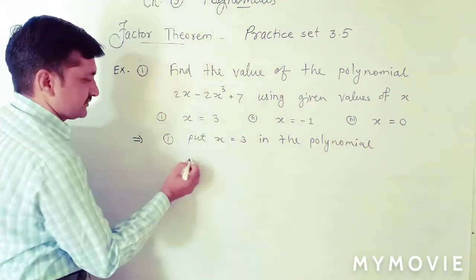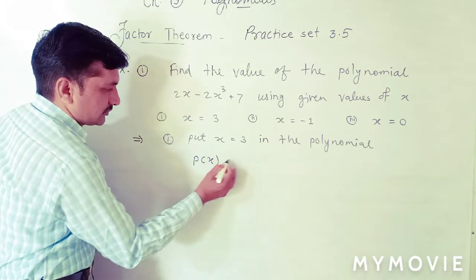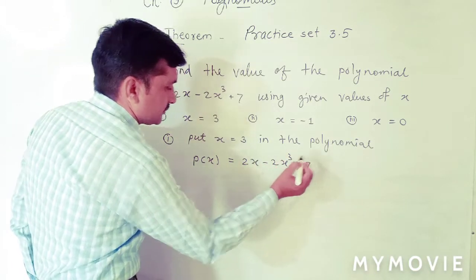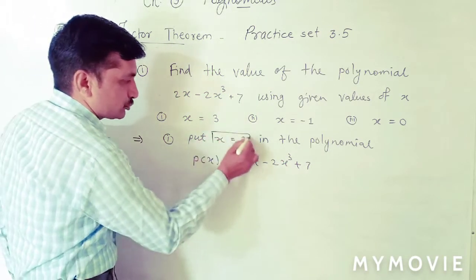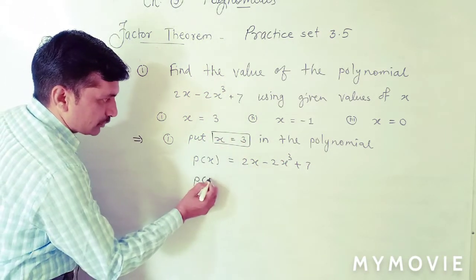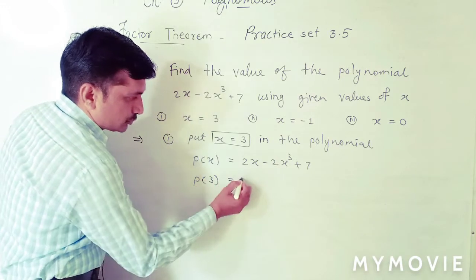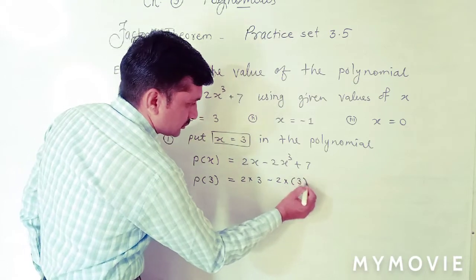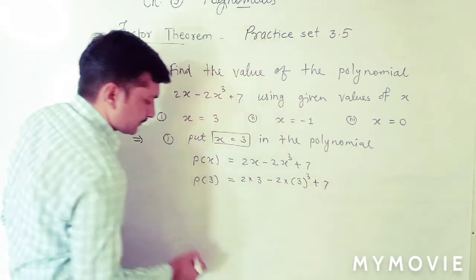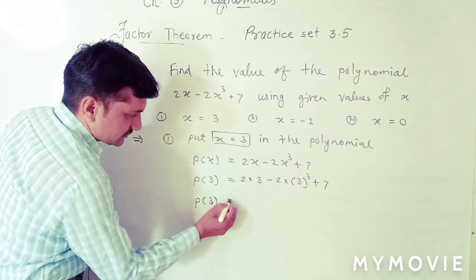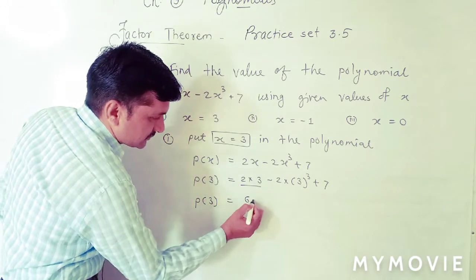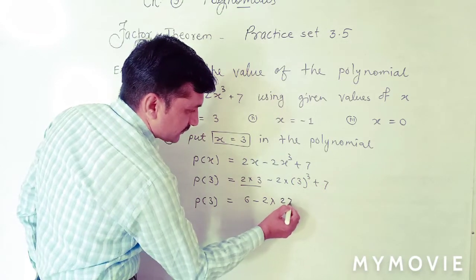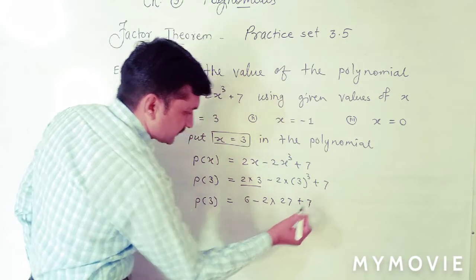Now the polynomial is p of x is equal to 2x minus 2x cube plus 7. Now we have to put x is equal to 3. Therefore we get the value of p of 3. 2 into 3 minus 2 into 3 cube plus 7. P of 3 is equal to 2 3s are 6 minus 2 multiplied by cube of 3, 27, plus 7.